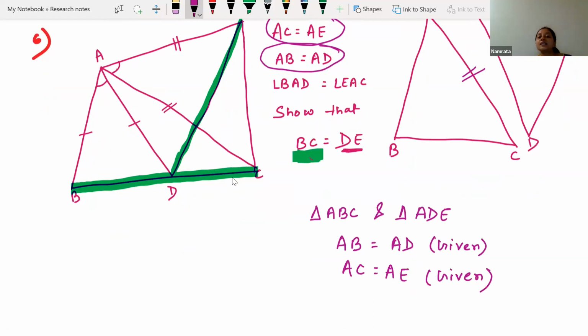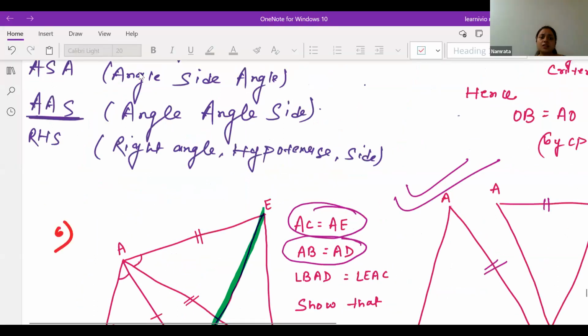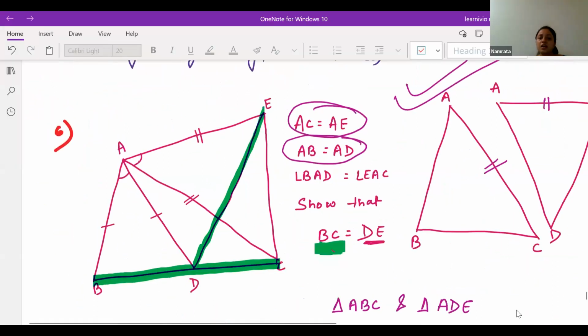Now the angle is given same, angle BAD, angle EAC. But if you look at this figure here, is it possible to find angle BAD in the first triangle, angle EAC in the second triangle? Can you see angle BAD in the first triangle?